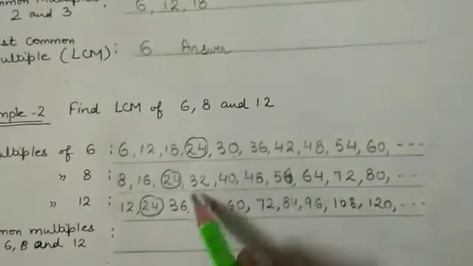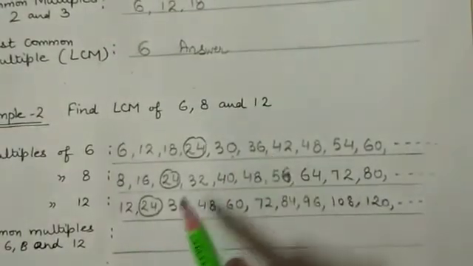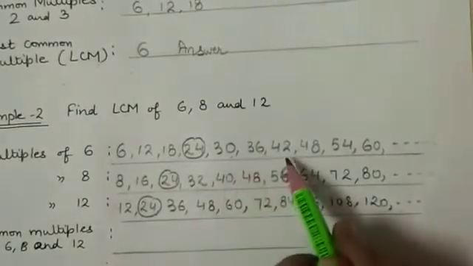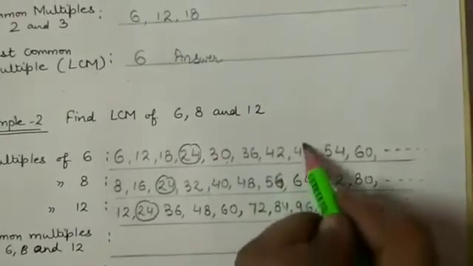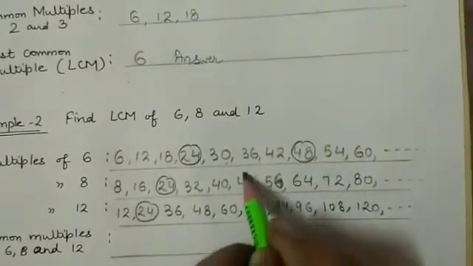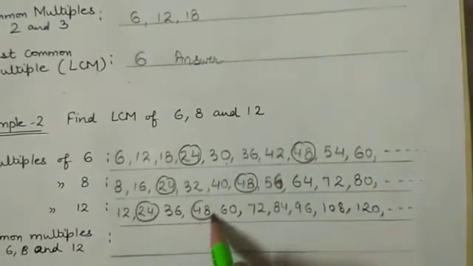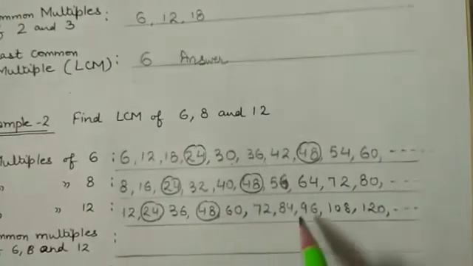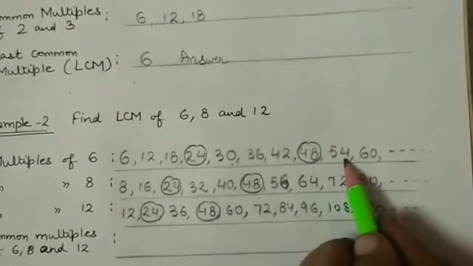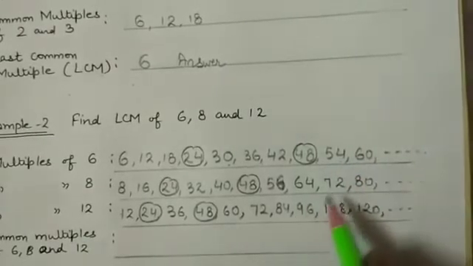Now 30 no. 36 common in 2 but not in all. 42 no. 48 yes. 48 is common in all these numbers' multiples. Now 54 no. 60 no.